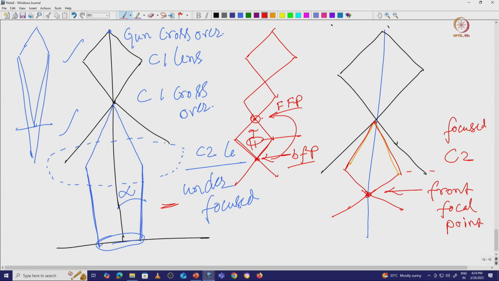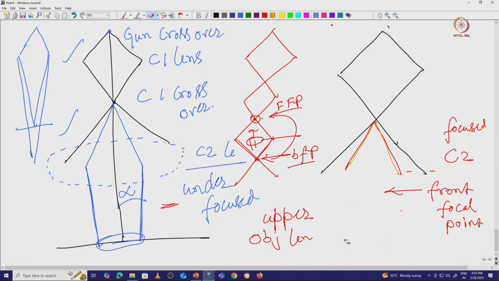Now we are using the upper objective lens in such a way that the upper objective lens can make this electron beam parallel. If we make it a little bit cleaner diagram, it will look like that.